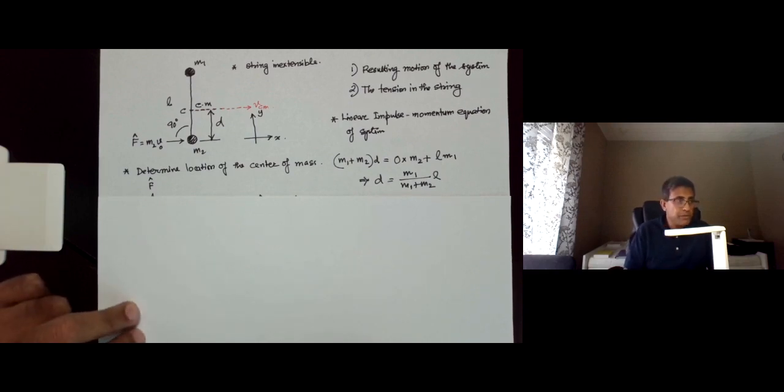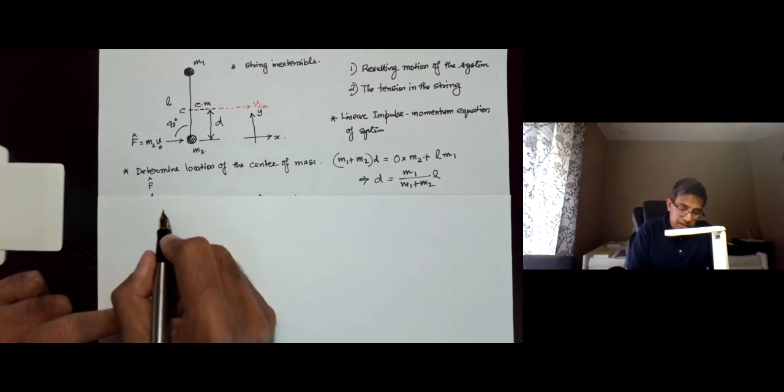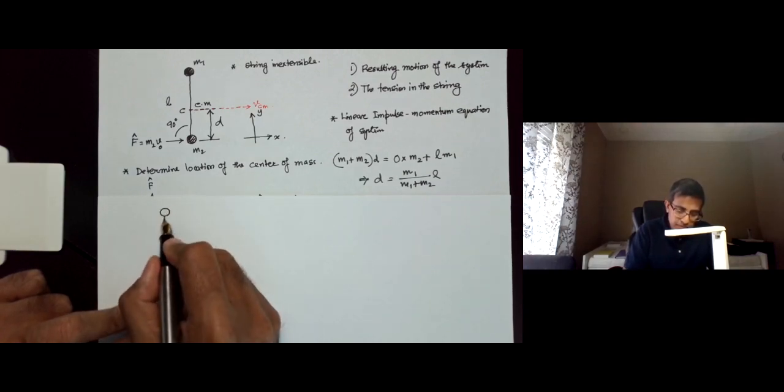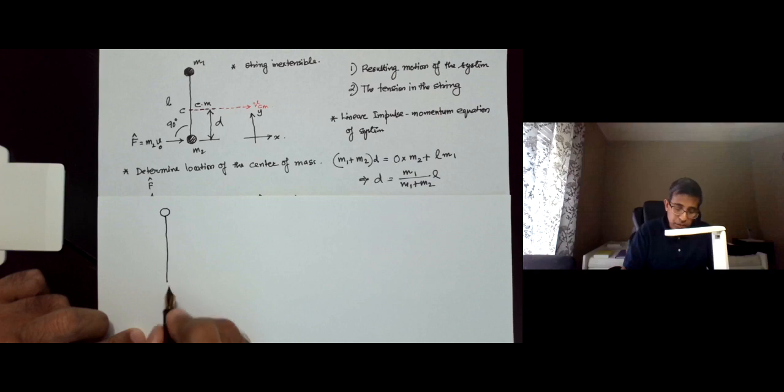That calculation is going to be used at some point, but not right away. The way we are going to proceed right now is that we are going to look at this problem, as I mentioned, on a particle by particle basis.